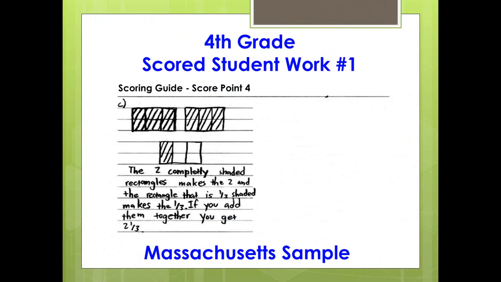And then Part C, this student also had to create their own visual model to represent 2 1/3. They came up with what you see here.